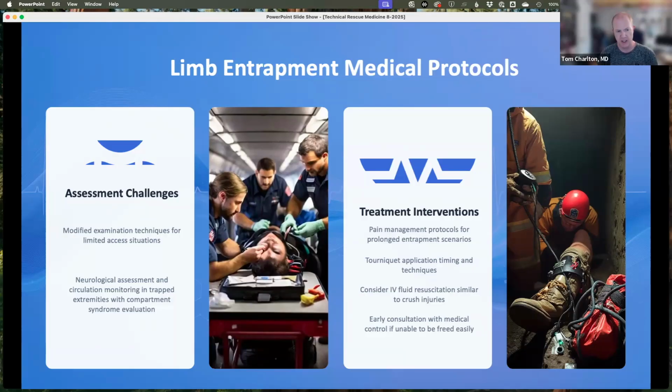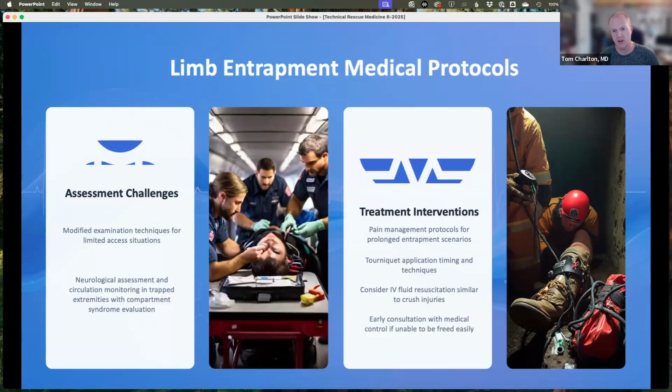Again, try and do whatever kind of circulation assessment you can, while of course maintaining priority over potentially IV fluids. If we've got somebody in there with significant pain, et cetera, it may be that we need to do pain management. Again, tourniquet timing is important, fluid resuscitation, and then early consultation with medical control.